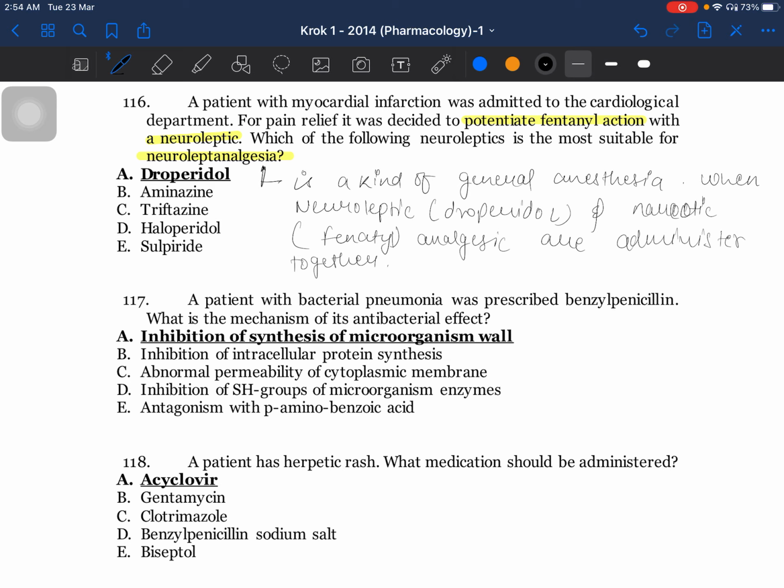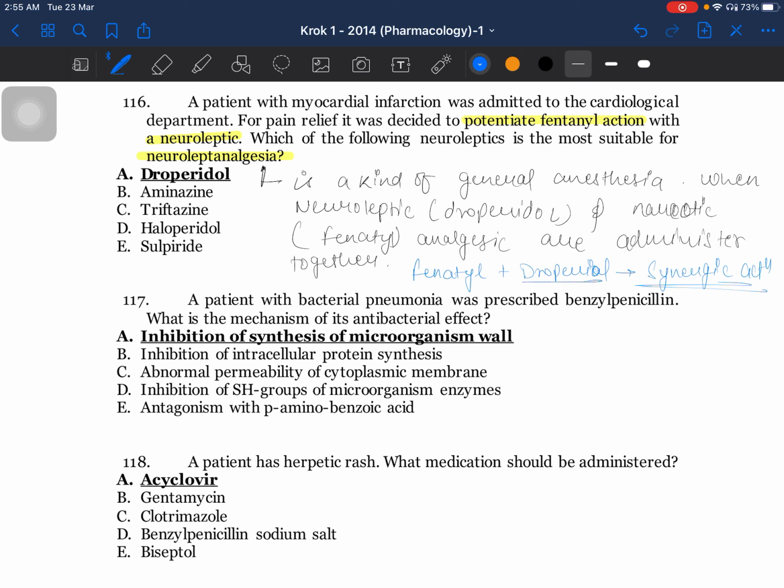When fentanyl is given with droperidol, they produce a synergic action, that is, they produce psychic suppression.